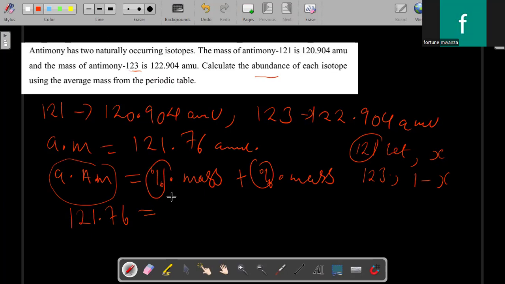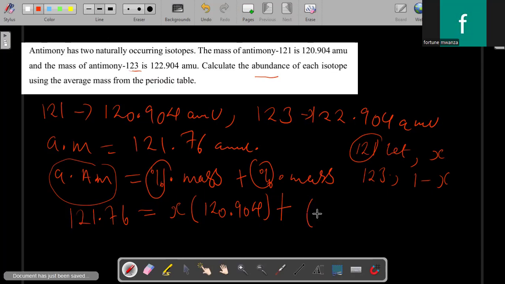I don't know the percentage abundance, so for isotope 121 I've let it be X. Then I multiply with the mass for this isotope, 120.904. Then I add isotope 123, whose percentage abundance I don't know, but I've let it be 1 minus X.